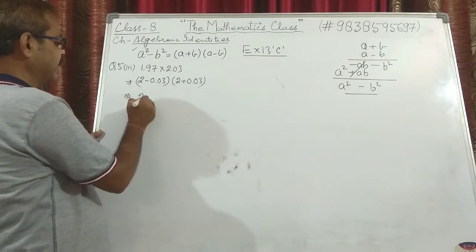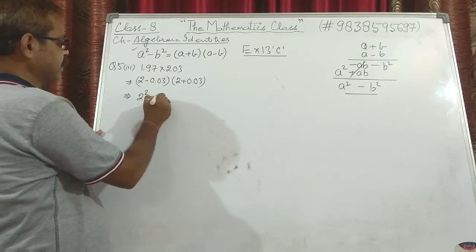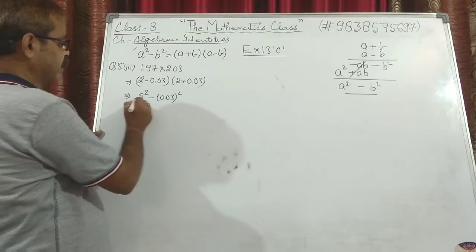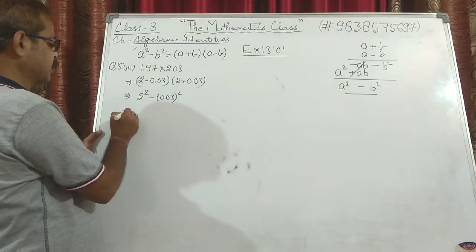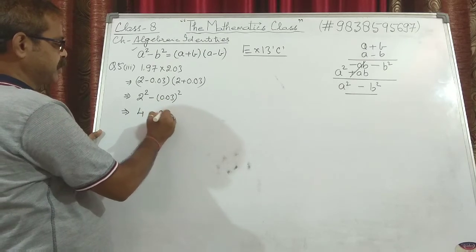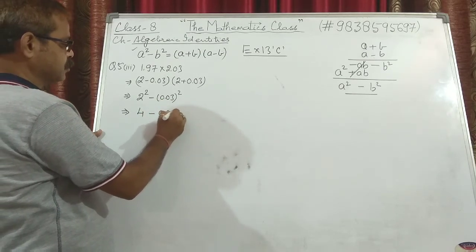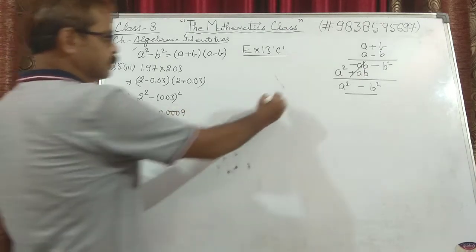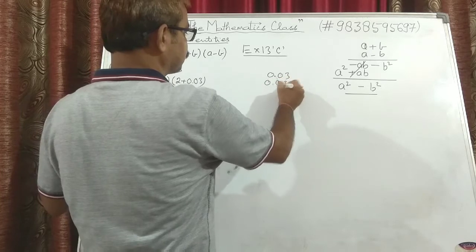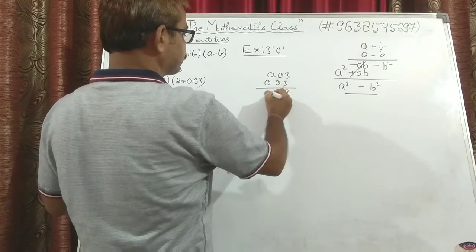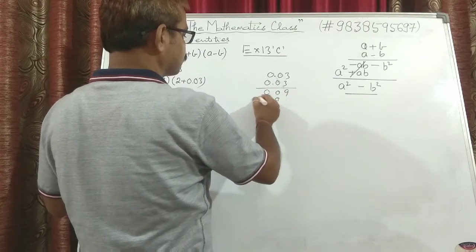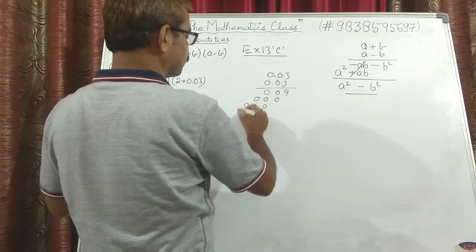So we will write a square minus b square, where b is 0.03, square. 2 square is 4 minus 0.03 square, which will be 0.0009. When you multiply 0.03 into 0.03, 3 3s are 9, and then the zeros.